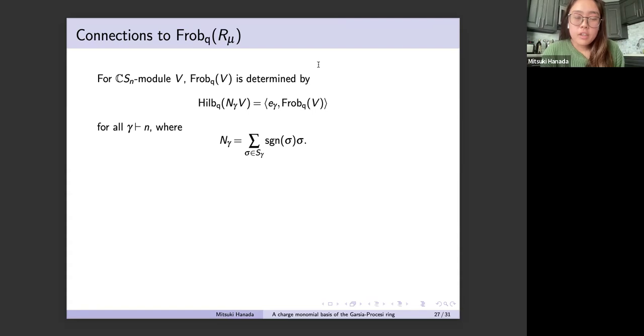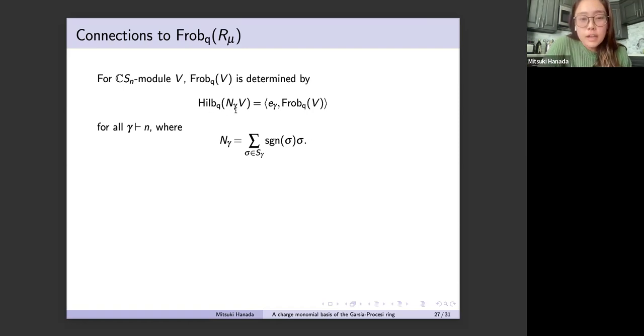So for a certain representation, our Frobenius character is determined by the Hilbert series of this particular subspace of our module. What I mean by that is if we let n gamma be the sum over all permutations in the Young subgroup, except it's signed, we can think of n gamma as the anti-symmetrizer with respect to this subgroup. So n gamma v is just the anti-symmetric component of v with respect to a certain Young subgroup S gamma.